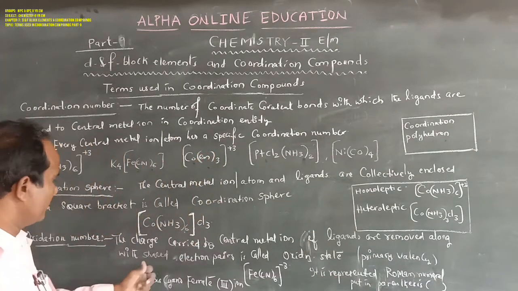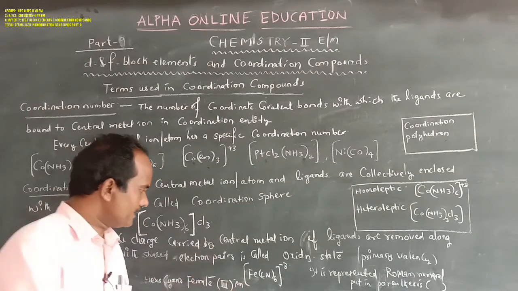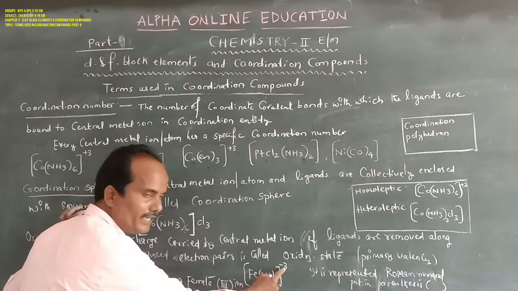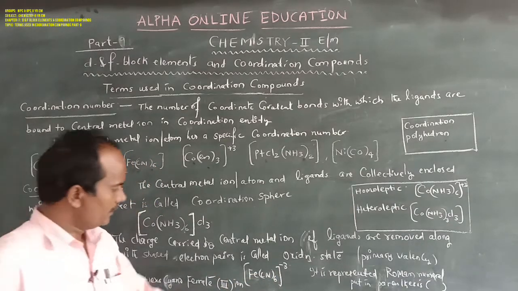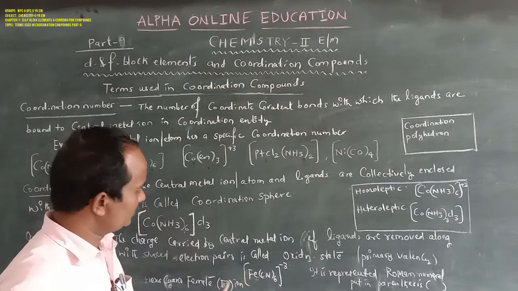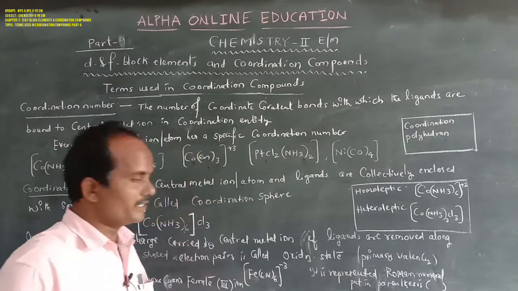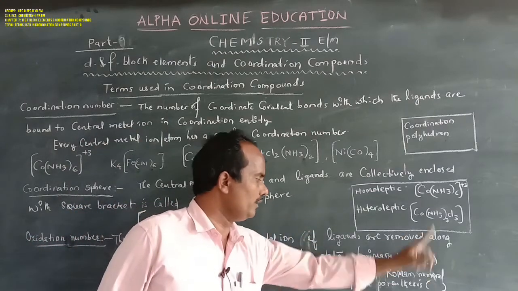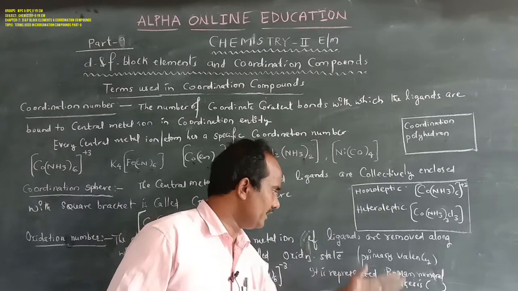Suppose hexacyanoferrate 3 ion. What is the oxidation number or oxidation state of iron? It is 3. The oxidation state or oxidation number is represented in Roman numerals in parentheses while giving the name.